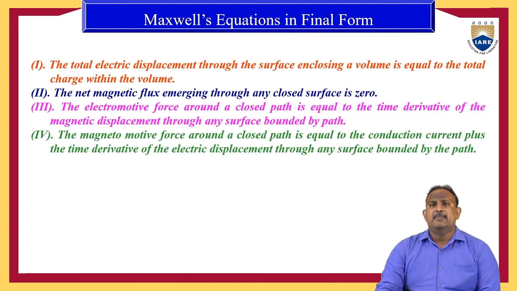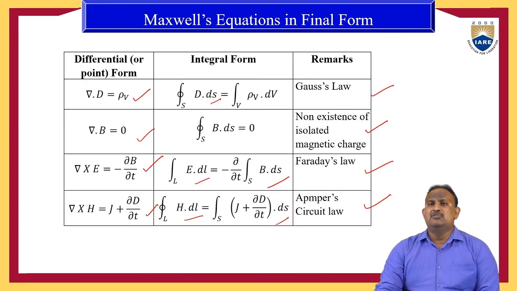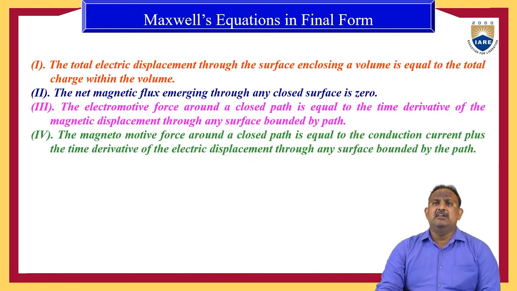The second one, del dot B is equal to 0, can be expressed as the net magnetic flux emerging through any closed surface is equal to 0.